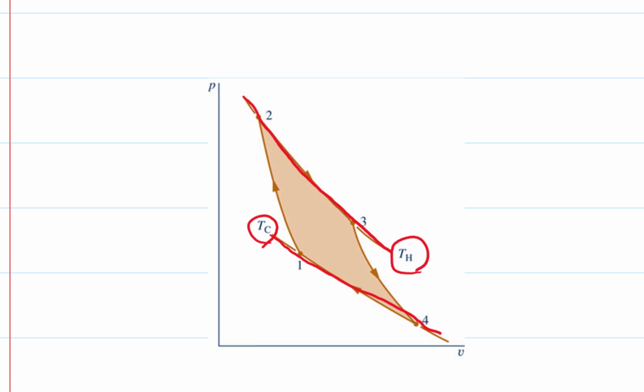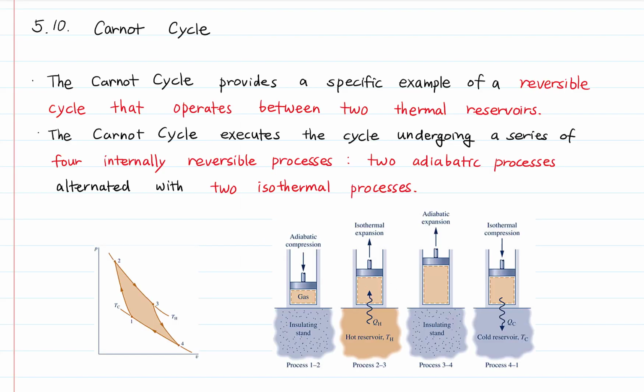So they are the temperatures of the 2 thermal reservoirs. There are another 2 lines describing 2 adiabatic processes. So this line and this line describe the 2 adiabatic processes. Let's take a look at each step in detail.